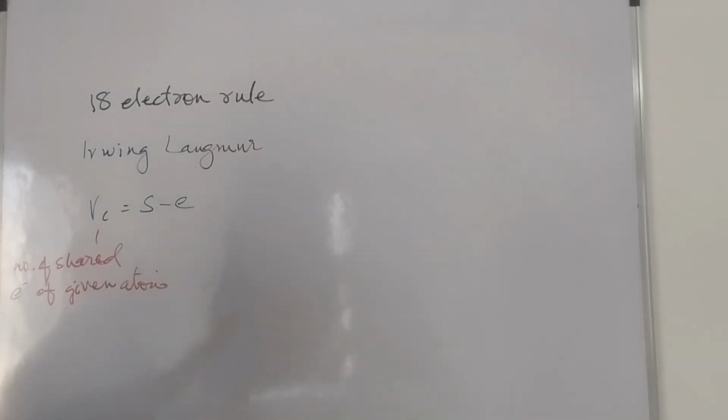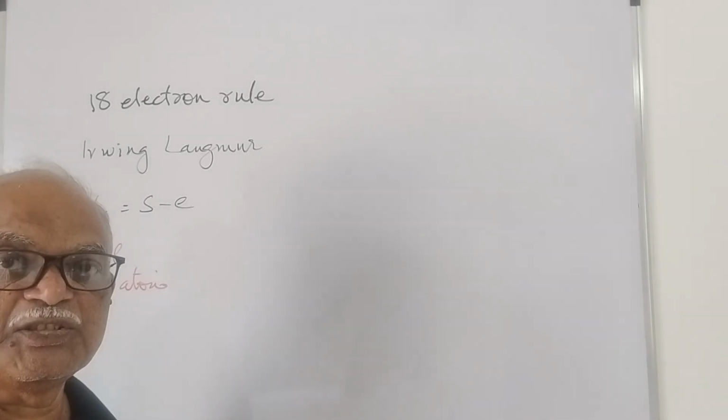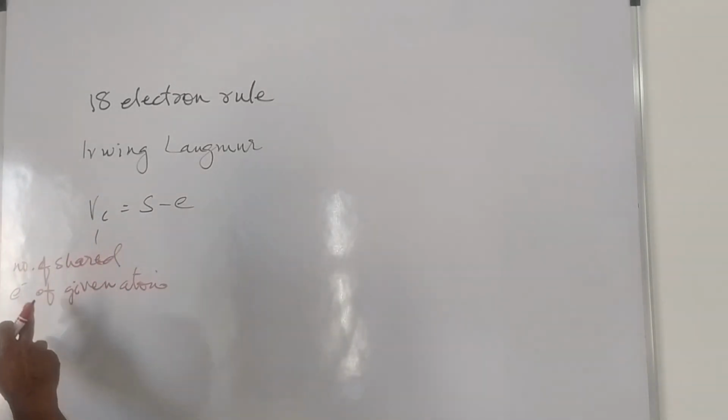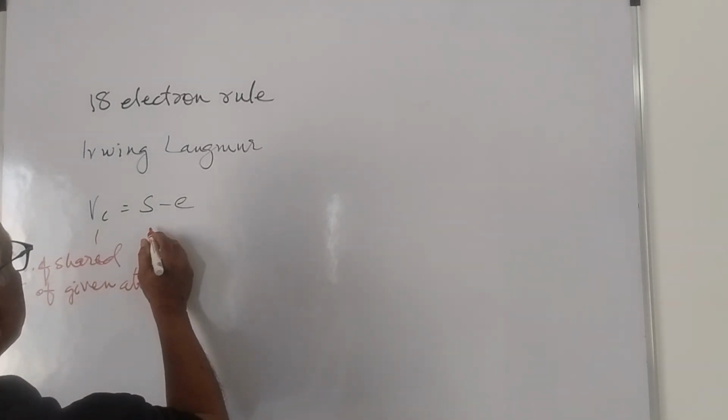For example, if we consider an organometallic compound with a metal from the transition series, we consider the number of shared electrons of a given atom like the transition element.